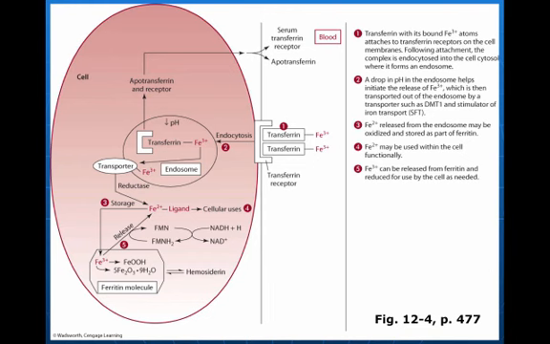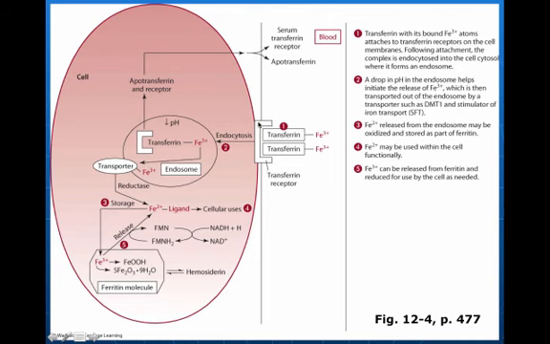This is probably one more slide, then we'll quit. Here we have a cell, and again, this is almost any cell type in the body, and this shows how the cell takes in iron bound to transferrin and then incorporates it in its cellular components. So we have the blood, transferrin molecules in the blood.